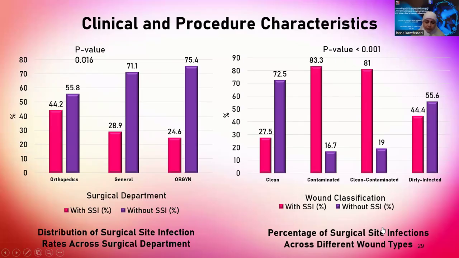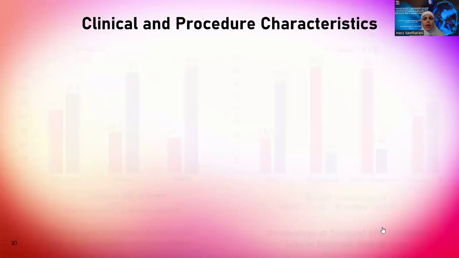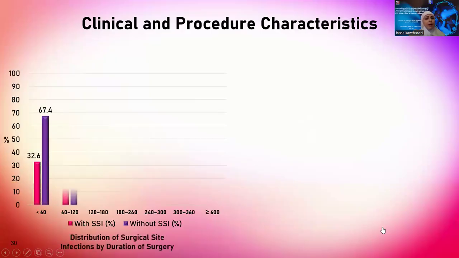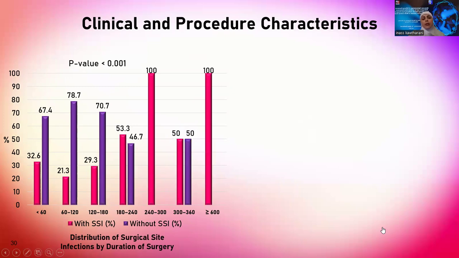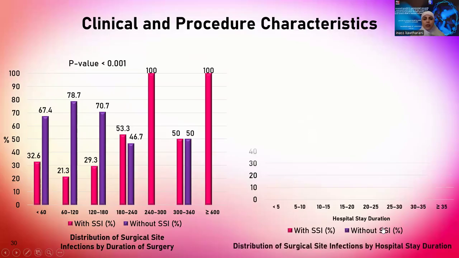Now, about the distribution of surgical site infection according to the duration of surgery, we showed that procedures lasting 3 hours had a rate of surgical site infection between 50 and 100% with a significant association.